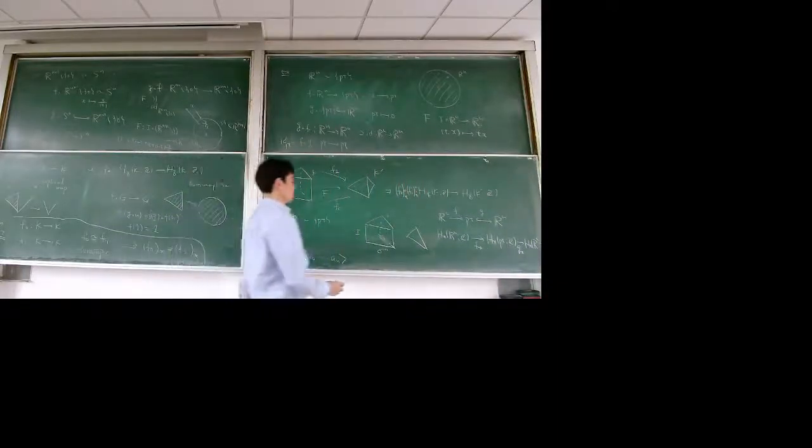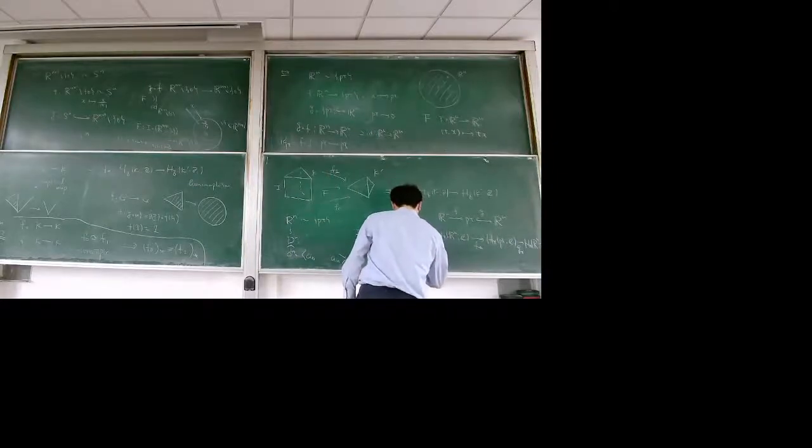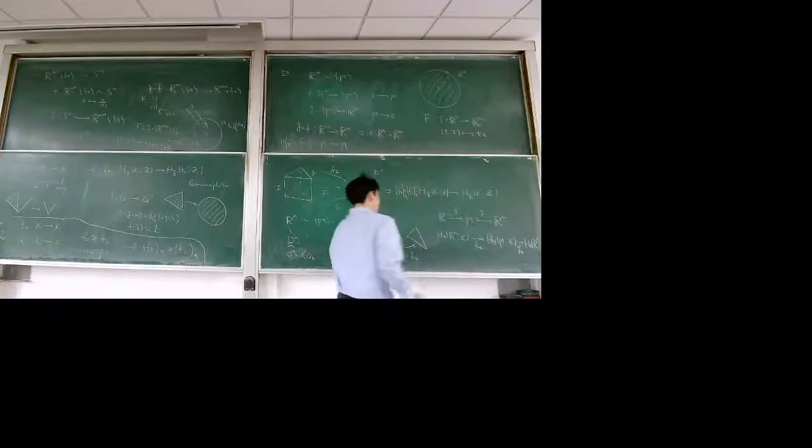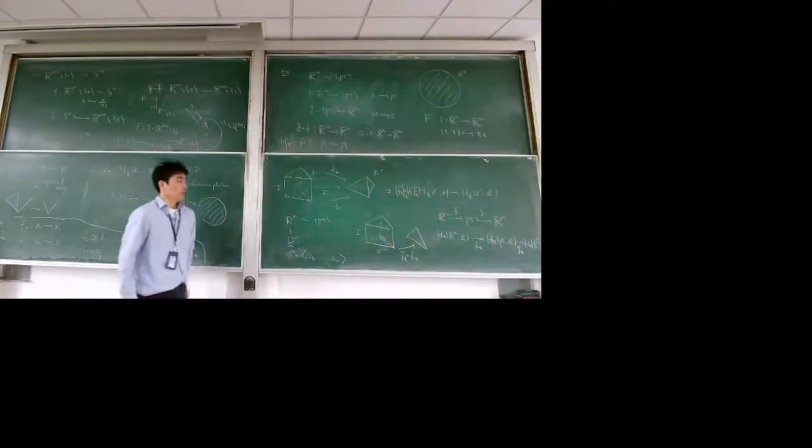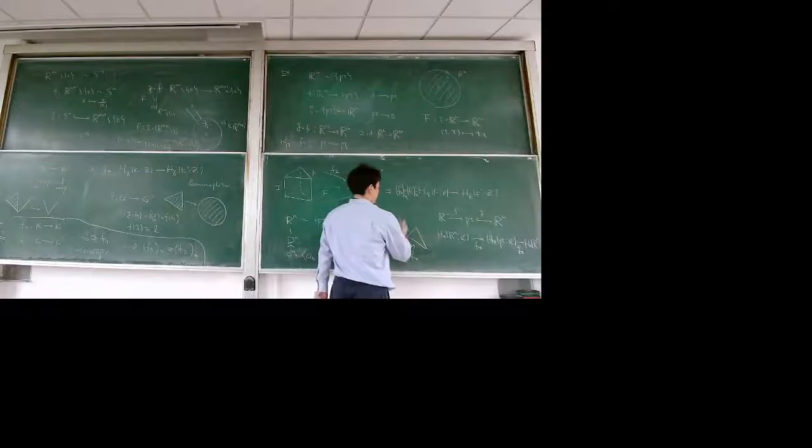So you can compose F star and G star as a homology, and that is the same as identity.